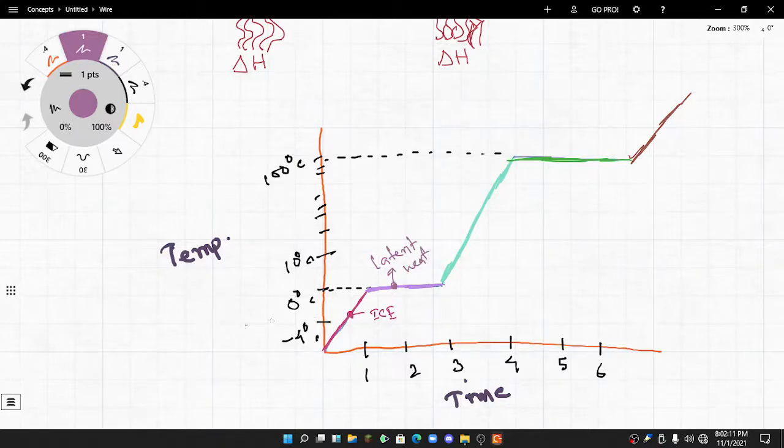Now at 0 degrees, ice breaks into water. To break the molecules of ice, they're very closely bonded. To break them into farther away bonds, some heat is needed, right?